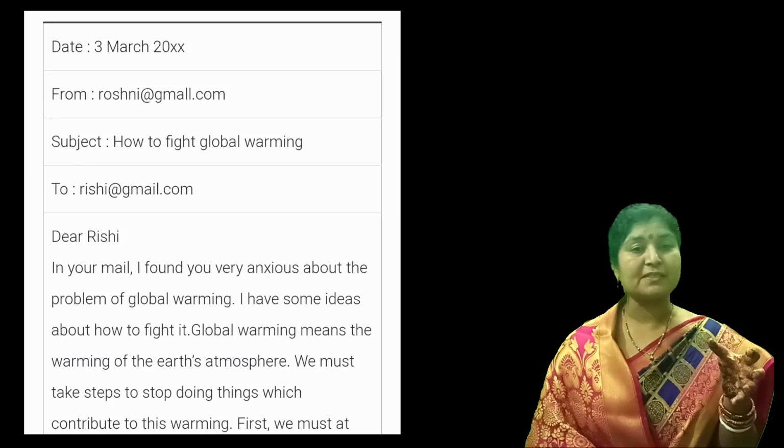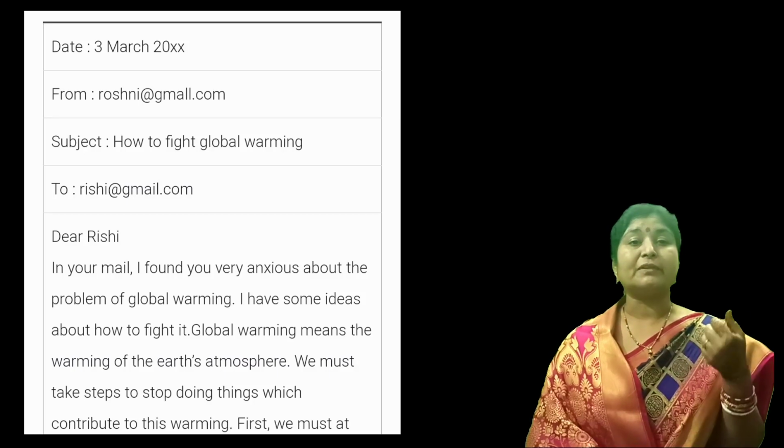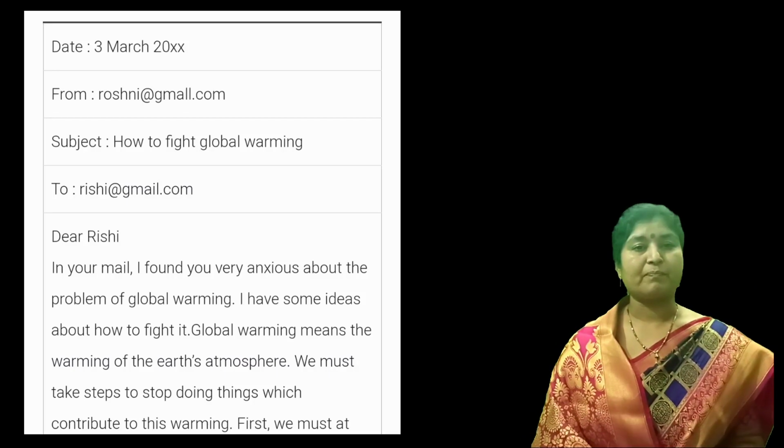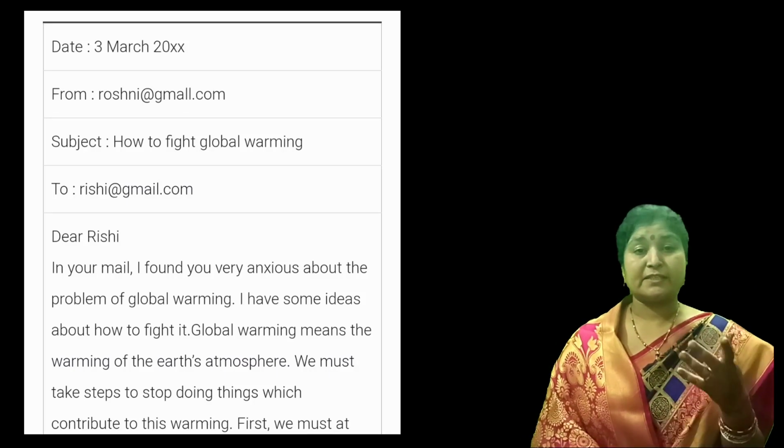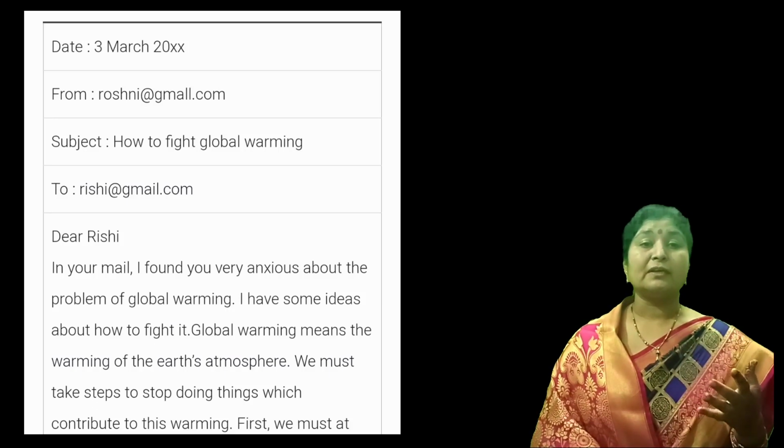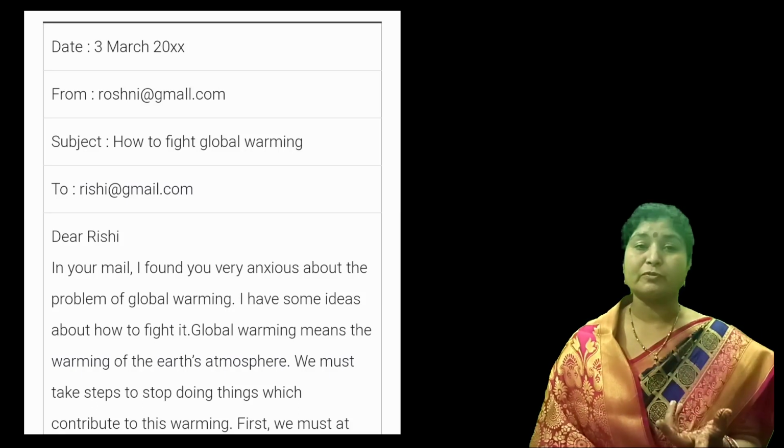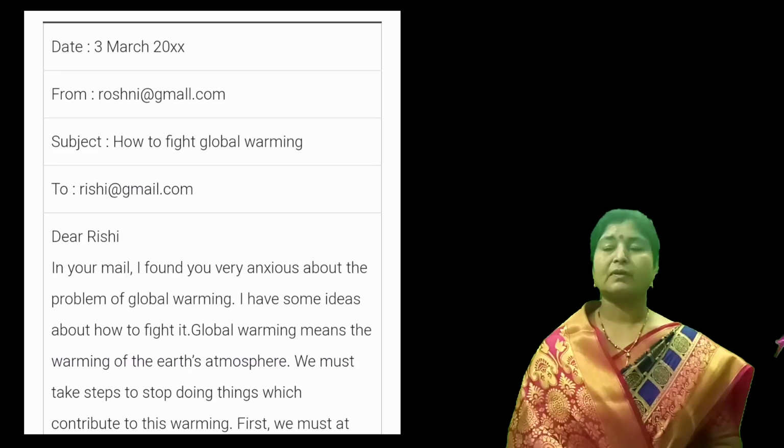Global warming means the warming of the Earth's atmosphere. We must take steps to stop doing the things which contribute to this warming.